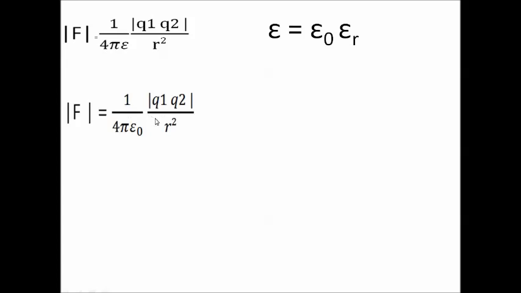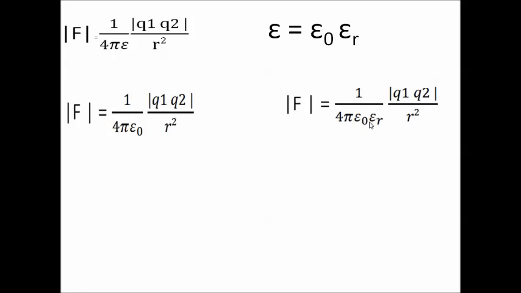Now, apart from air, if the charges were present in any other medium, how will we write the expression for force? Simply, instead of epsilon, we have to substitute epsilon 0 epsilon r: q1 q2 by r square. This is the expression if the charges were present in any other medium apart from air.